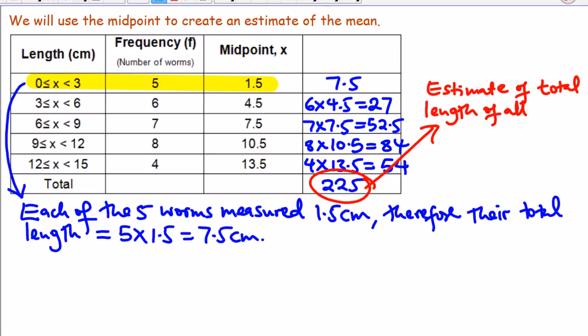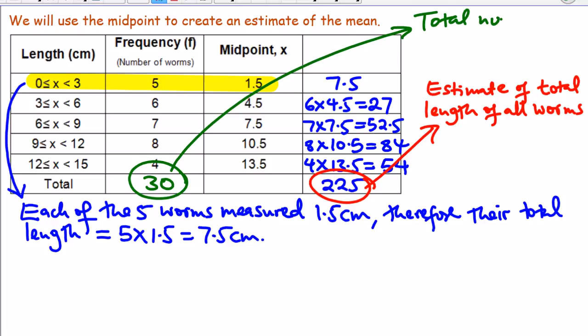And remember here, if we add the frequencies, we'll end up with 30. Now 30 here represents the total number of worms.